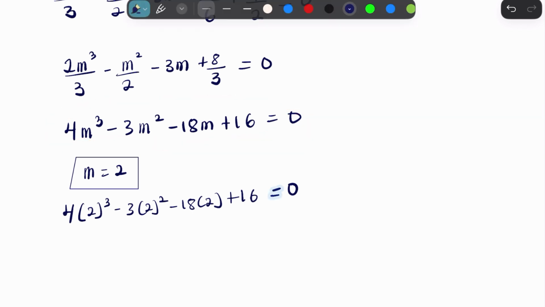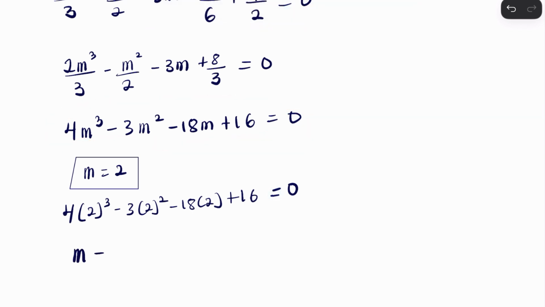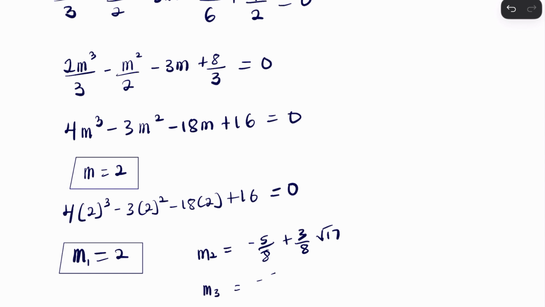This equation has two more roots: the second is -5/8 + (3/8)√17, and the third is -5/8 - (3/8)√17. But our focus is on the integer solution, so we take m = 2.